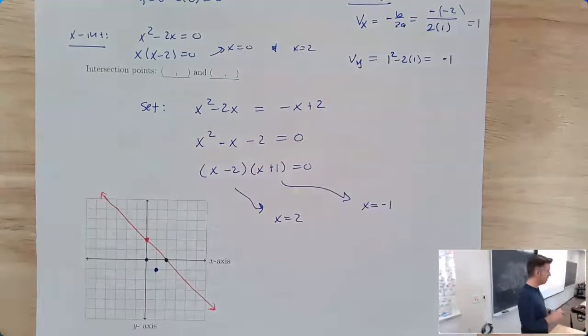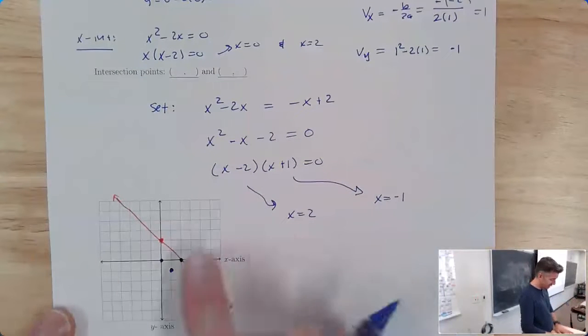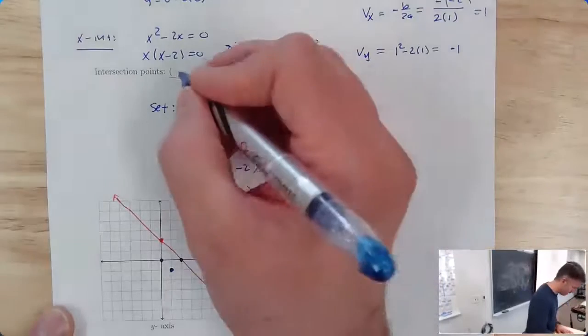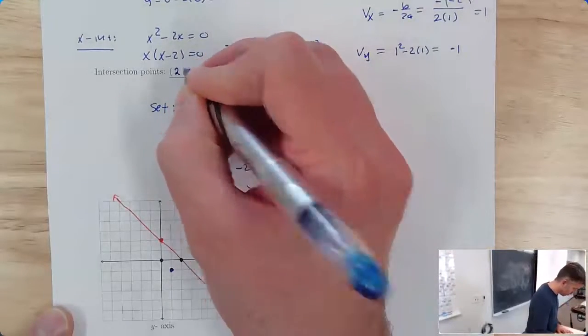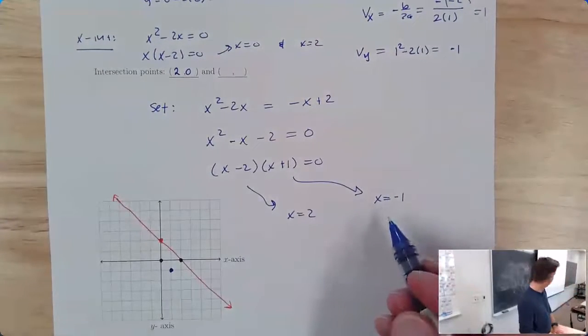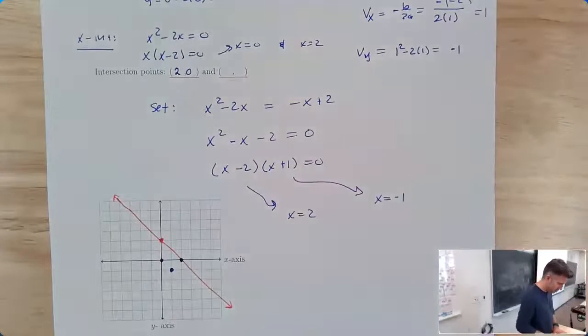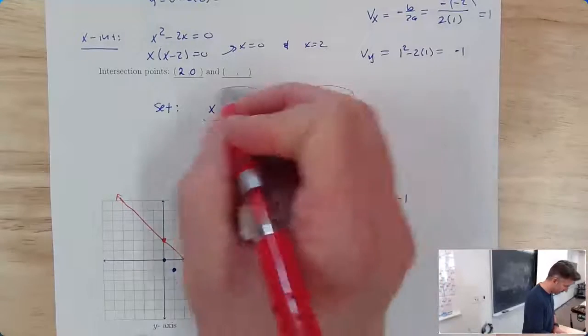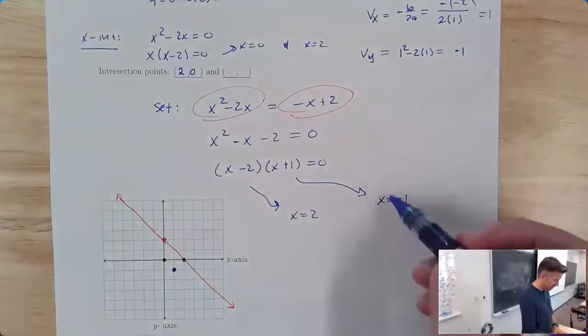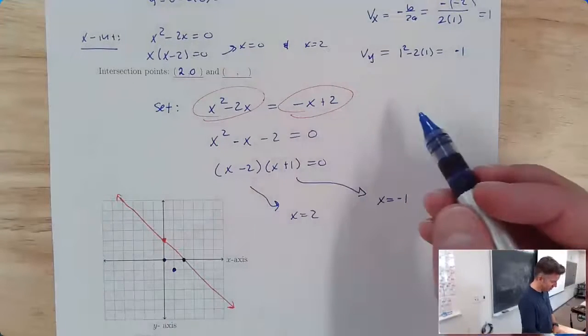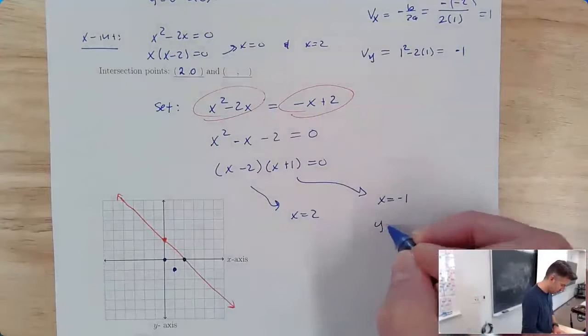Now, to actually find the points fully of intersection, we have to find the corresponding y coordinate as well. One of them we already know. We know that if x is 2, that's one of our intercepts. We know one coordinate is the point 2, 0. The other one, if I plug negative 1 back into either equation, I should get the same thing. If I plug in negative 1 here, negative 1 plus 2 is going to give me 3.